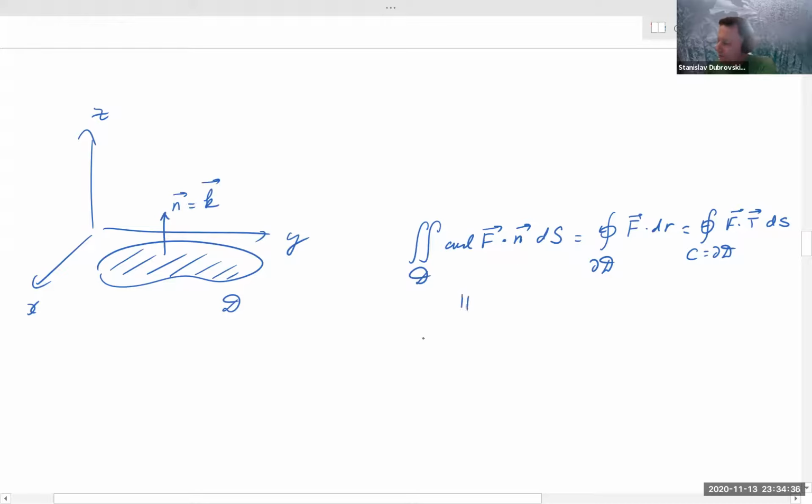Well, we realize that that is just the vector form of Green's theorem, which we studied before. Because ds is exactly dA, that is dx dy in this case. So we see that we can conclude that Green's theorem is a special case of Stokes.